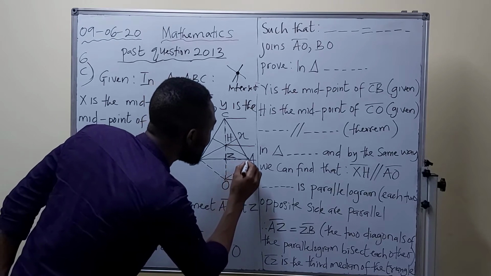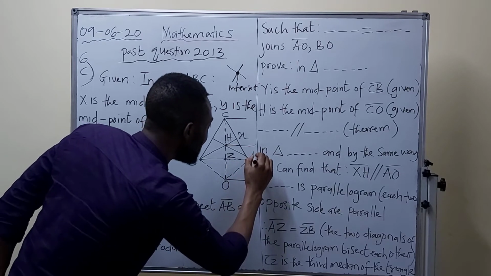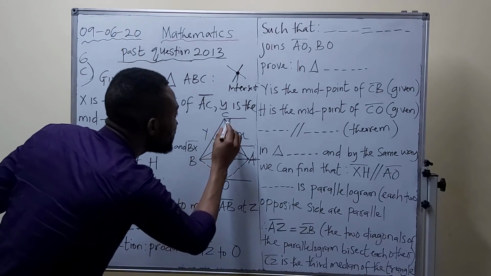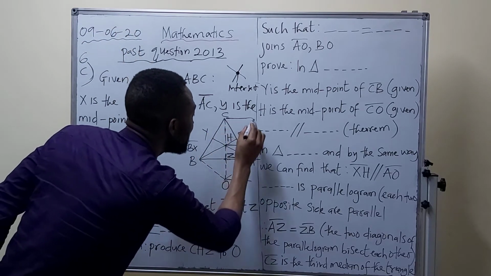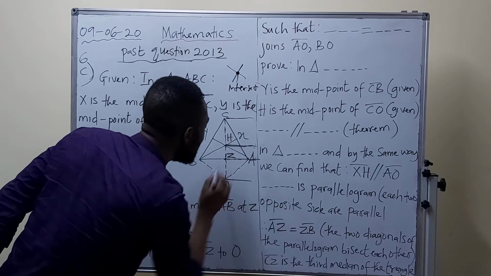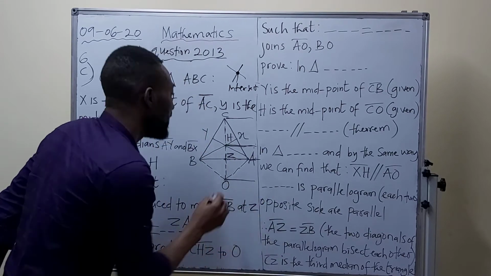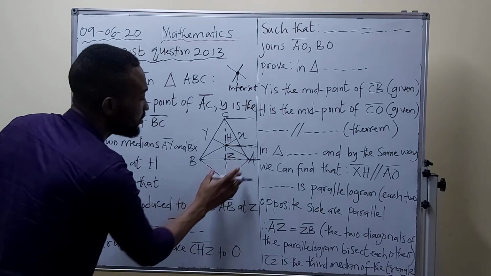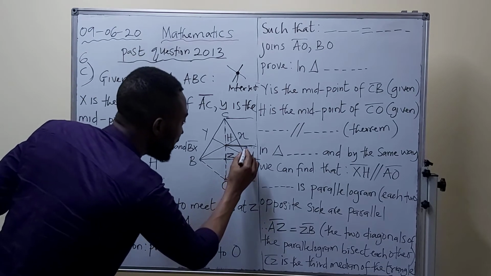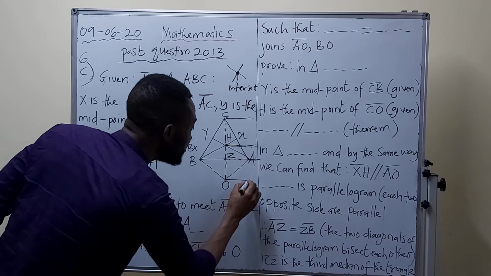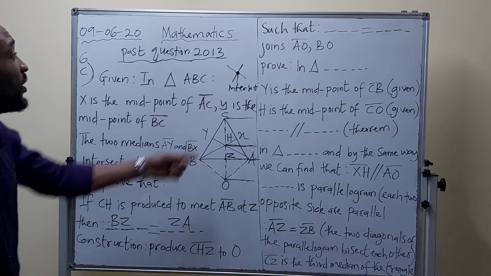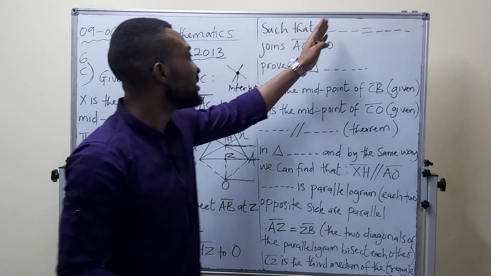If I draw it out like this, you can see the gap. So definitely this distance from C to the midpoint H and from H to O, they are equal. They are equal, such that dash equal to dash.